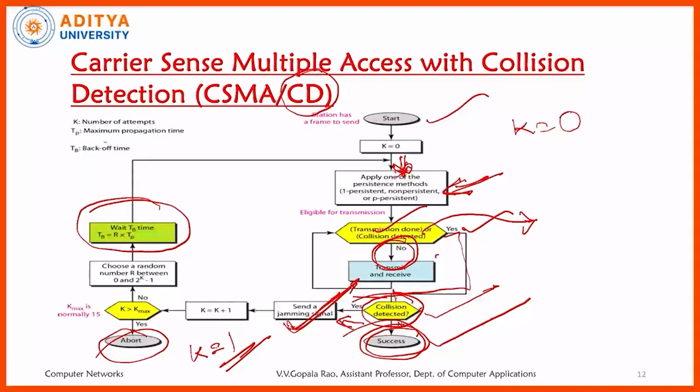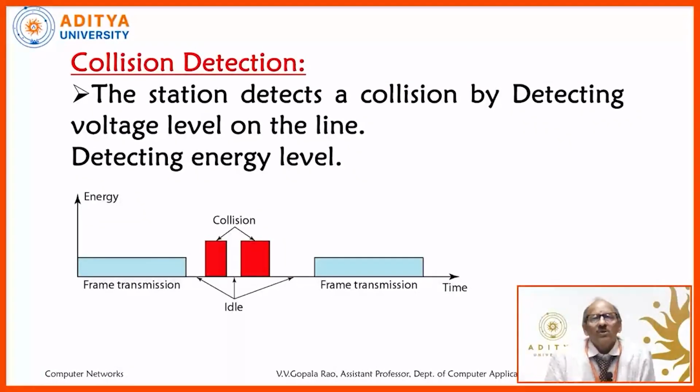Once the collision is detected, we send a jamming signal, to get more clarity about the clearance of the channel. Afterwards we follow the other steps: checking the value of k, generating the random number, waiting for the back off time, and again allowing the station to start its procedure again in the flowchart.